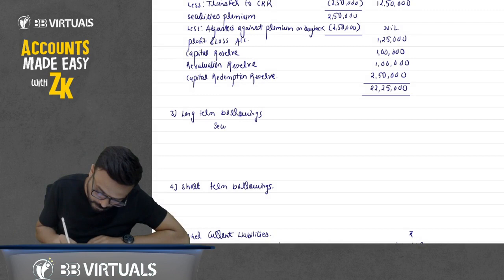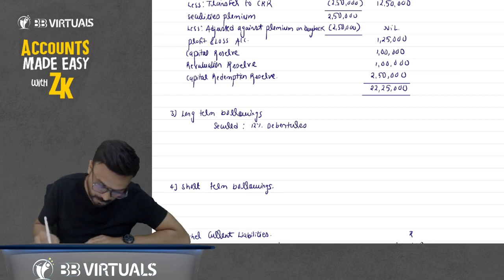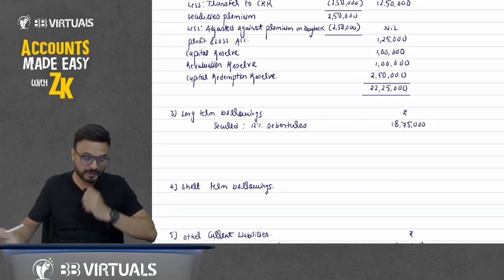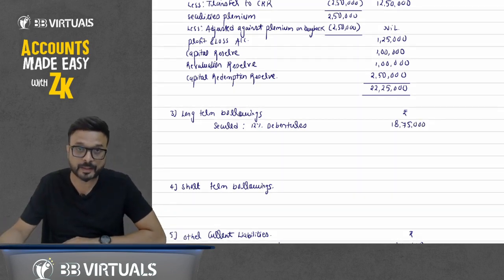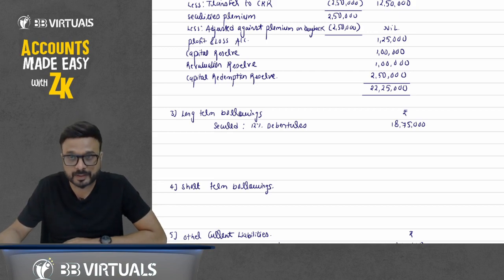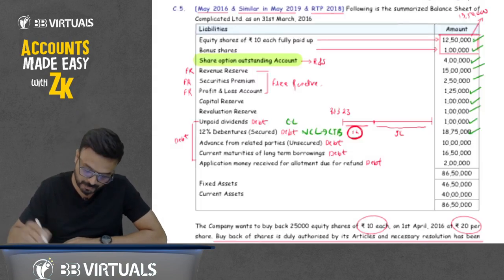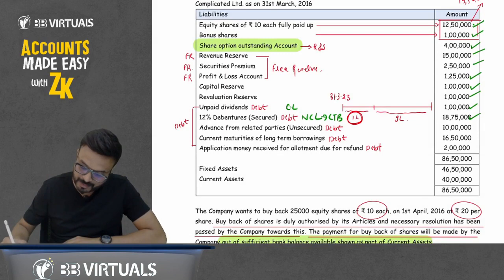It is a secured loan. So write down the secured 12% debentures, 18,75,000. Okay.